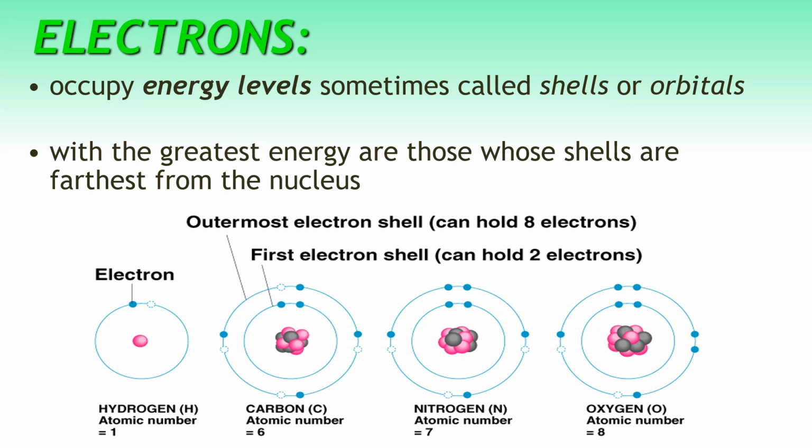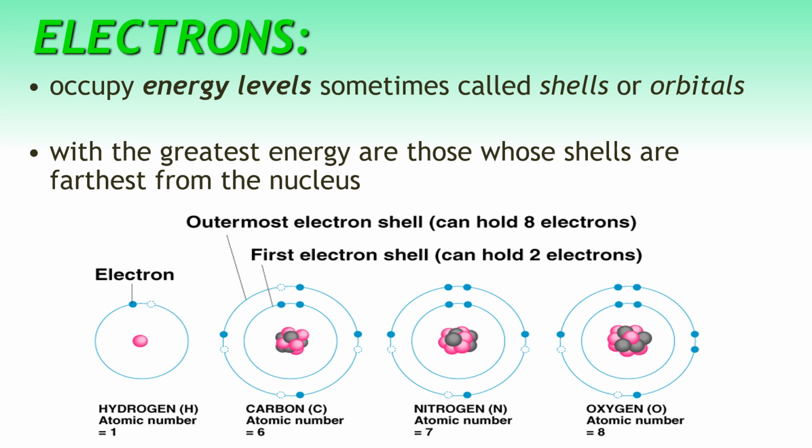Now notice we have pictures here that compare carbon and nitrogen and oxygen, and they all have 2 shells. But just because they can hold 8 electrons in that second shell doesn't mean they will. In fact, there are empty spaces. Carbon has 4 filled spaces but 4 empty spaces on its outer shell. Nitrogen has 5 filled, 3 empty.